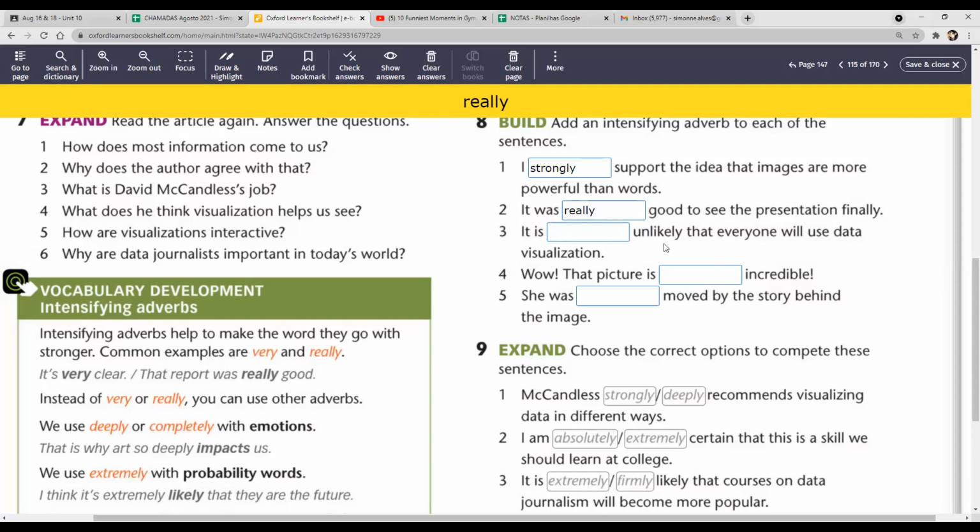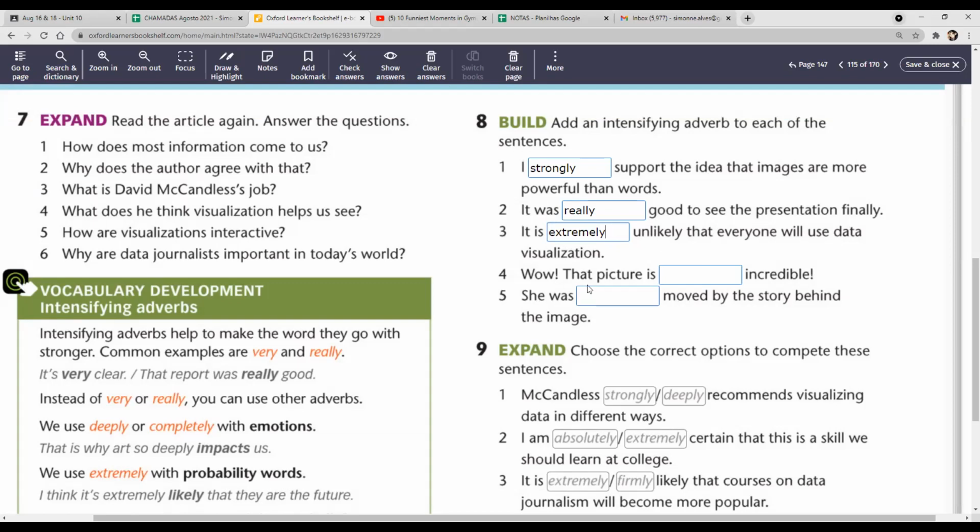So since it's a probability word, do we have an adverb to use there? Extremely. Somebody said, Giovanna, extremely. Yes, it's extremely unlikely that everyone will use data visualization. So when I use something that has to do with probability or probability words, I can say extremely. It's extremely unlikely, all right?